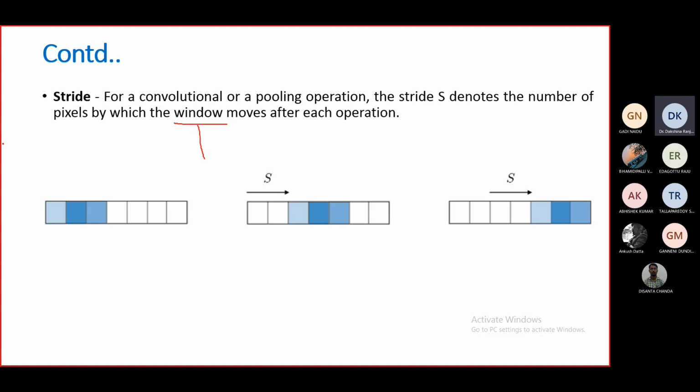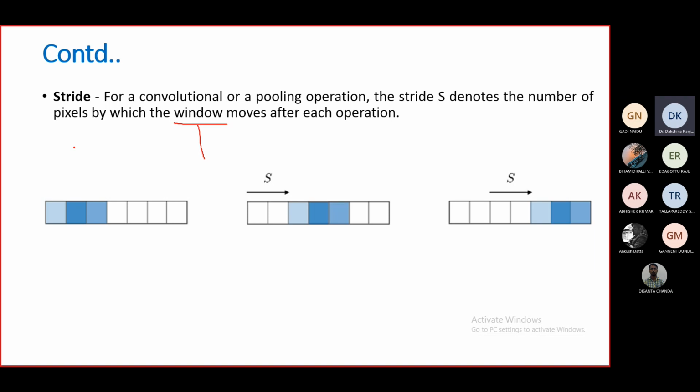The stride is nothing but the number of pixels by which the filter, or the window, or the mask will move after each iteration or each operation. That means in every step, we will move the window by 1 pixel, 2 pixels, 3 pixels, or more.